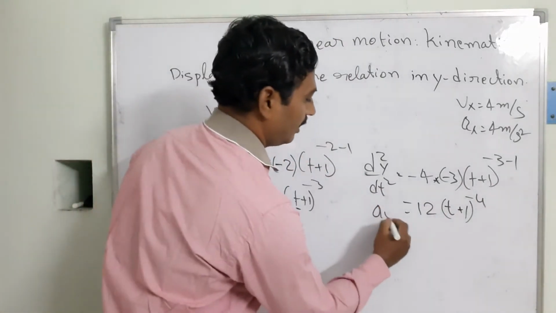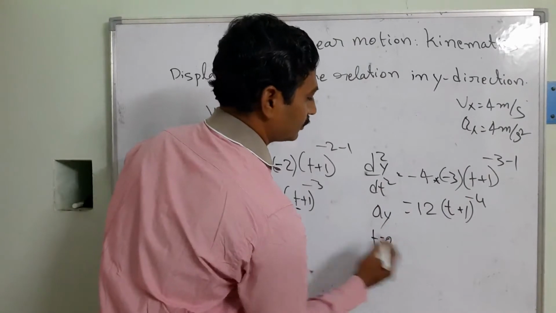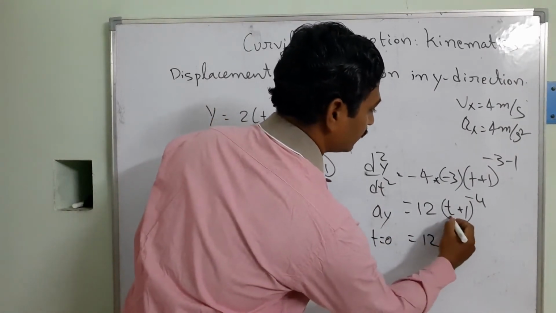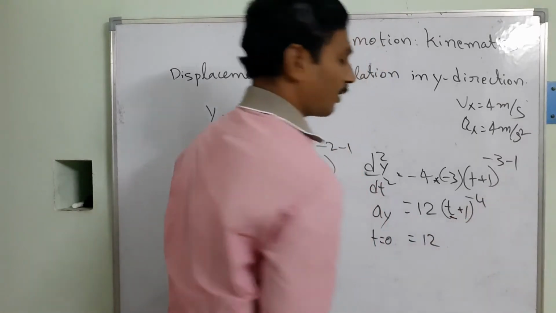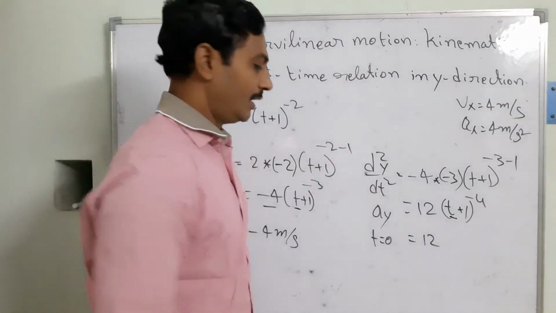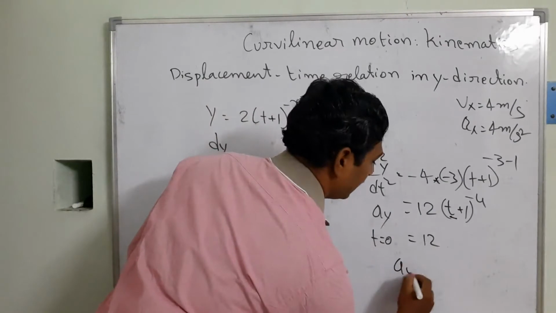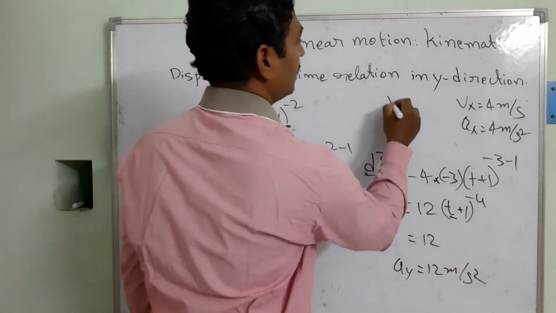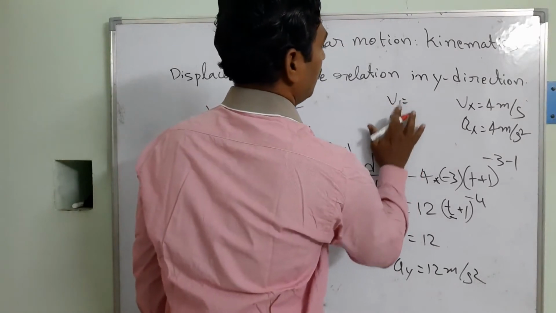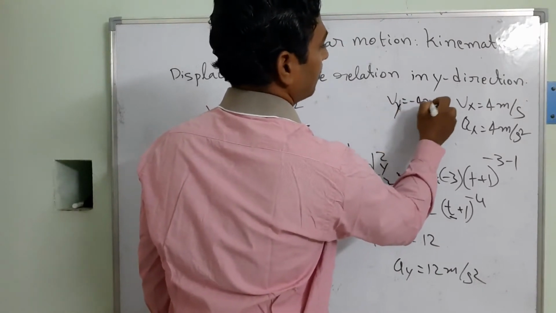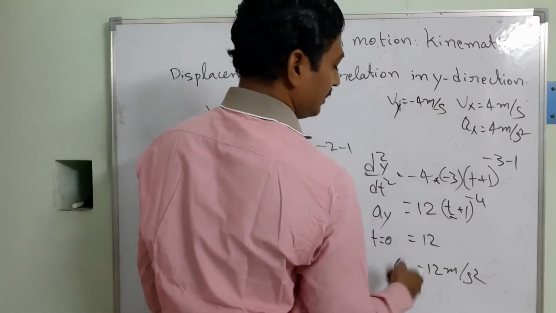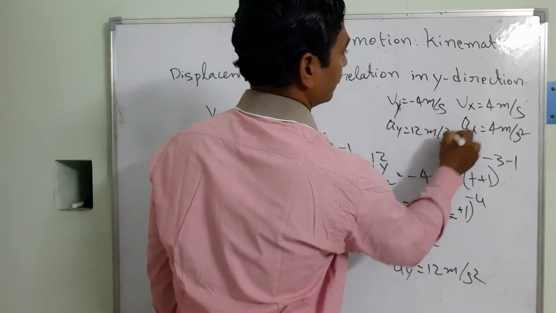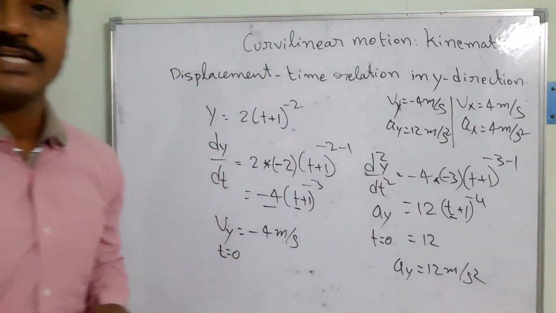This is going to be ay at t equal to 0, so t is 0, and 1 to the power of minus 4 is also only 1. So I say ay is equal to 12 meters per second squared. Can you see? Vy is equal to minus 4 meters per second, and similarly ay is equal to 12 meters per second squared. So these are the findings we got.